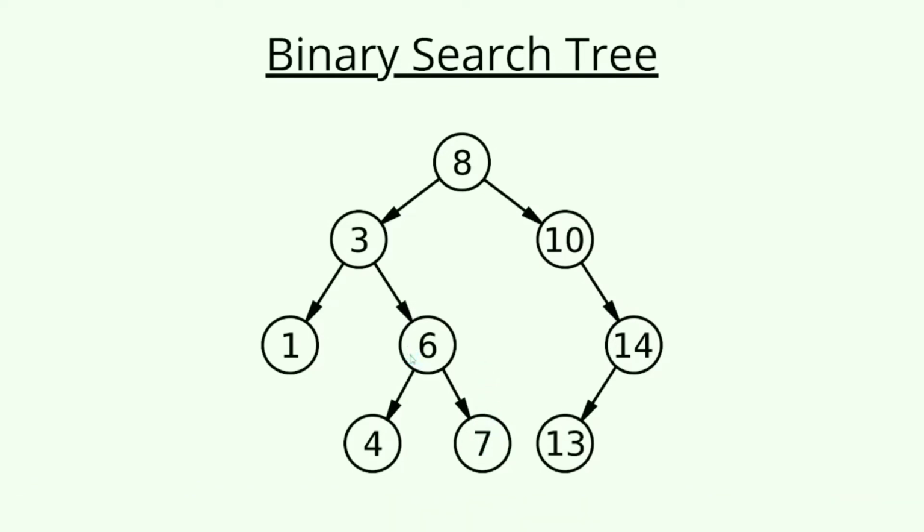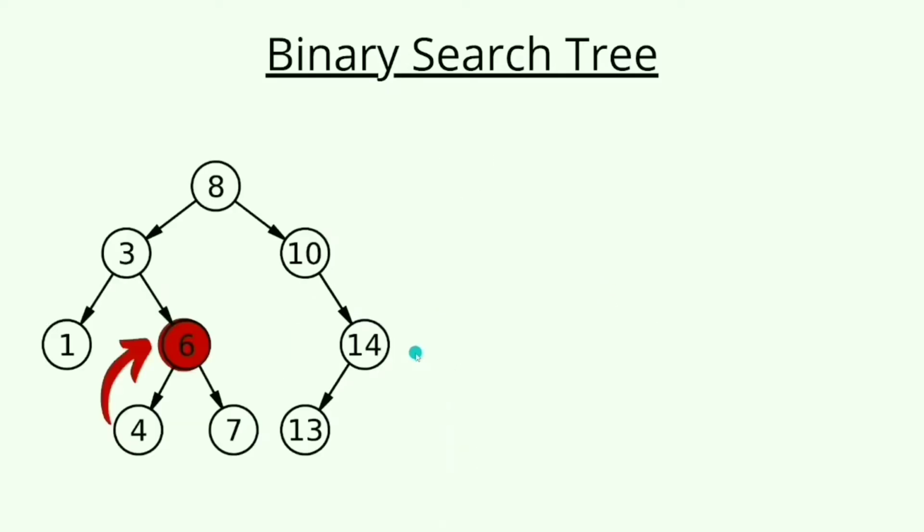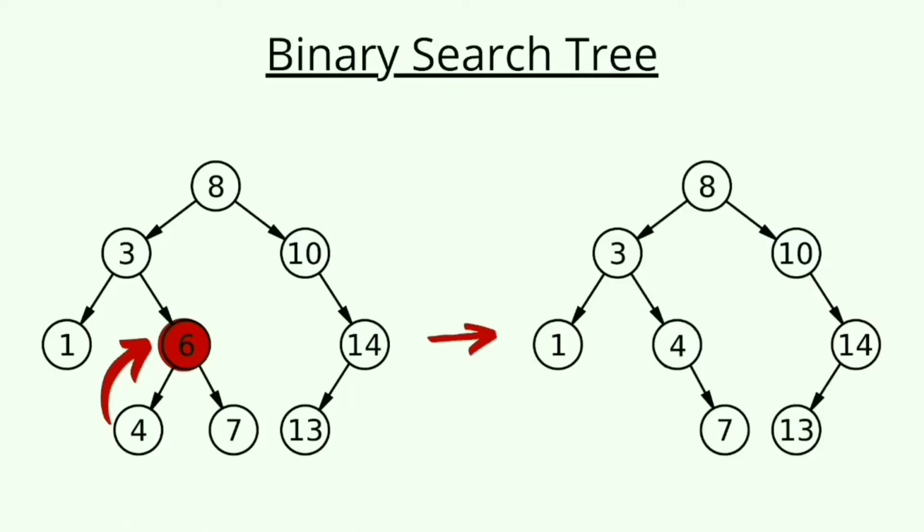So here we have two ways. The first way is we can replace it by left children, or we can replace it by right children. So the first case is we will replace the node with its left children. So after replacing, the BST will look like this.